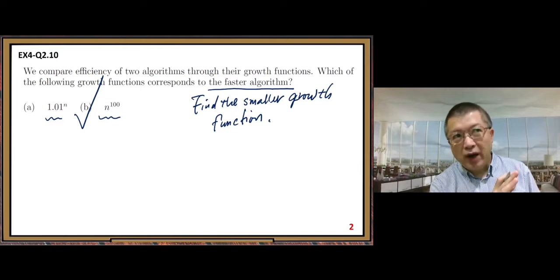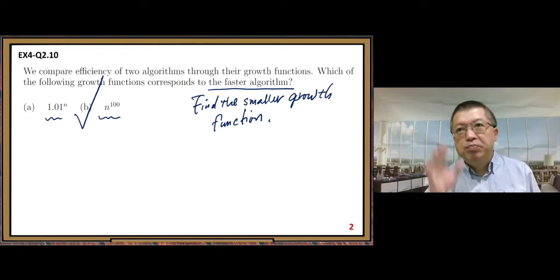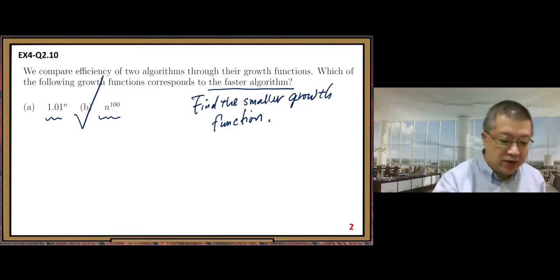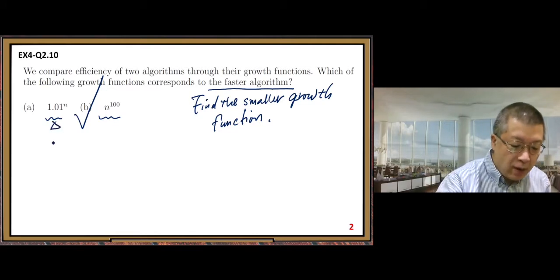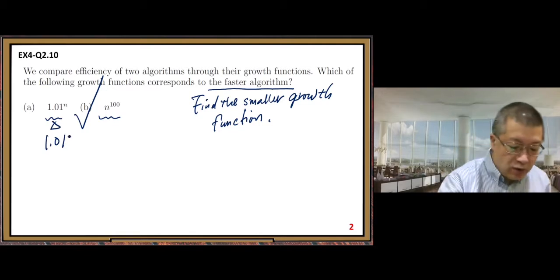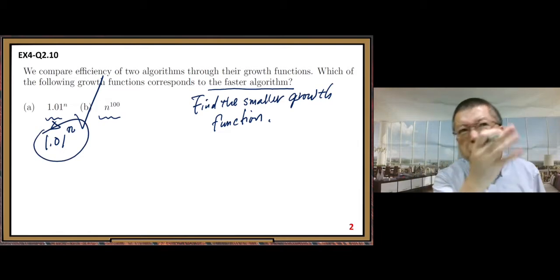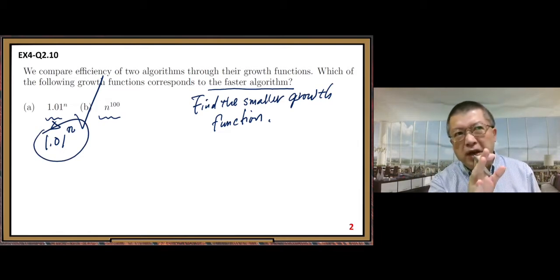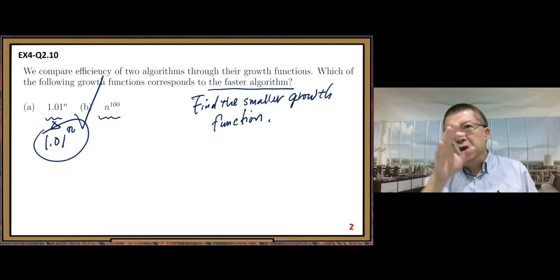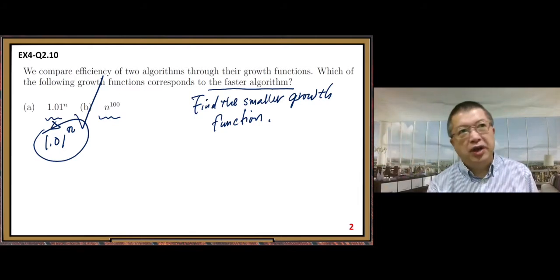Not the first one. But I feel some of you may pick A because when you see 1.01, this is a very small number. Even if you raise it to the nth power, based on intuition, you feel that it could not be increasing very fast, but actually it is.